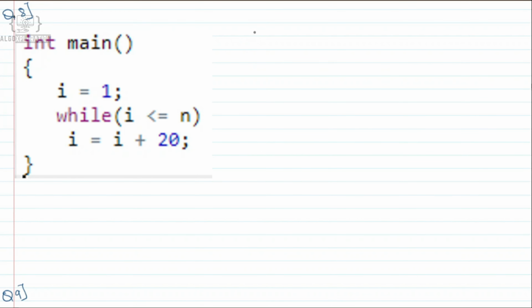Similarly, when the statement was i equals i plus 1, it was running n times. When i equals i plus 2, it was running for n by 2 times.